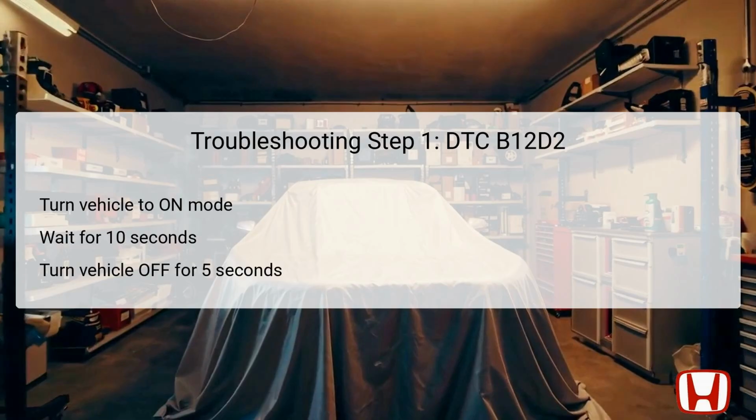Following this, turning the vehicle off, lock mode, for at least 5 seconds is vital, ensuring the module can reset and prepare for further diagnostics. This step is crucial as it helps identify any immediate discrepancies in the circuit before delving deeper into hardware inspections. Attention to timing in this step ensures that the BCM functions optimally and that any detected errors are accurate.